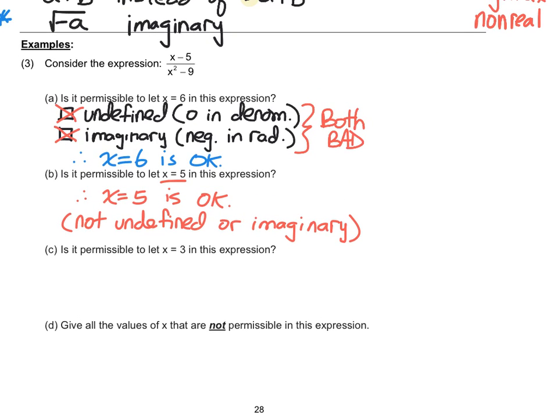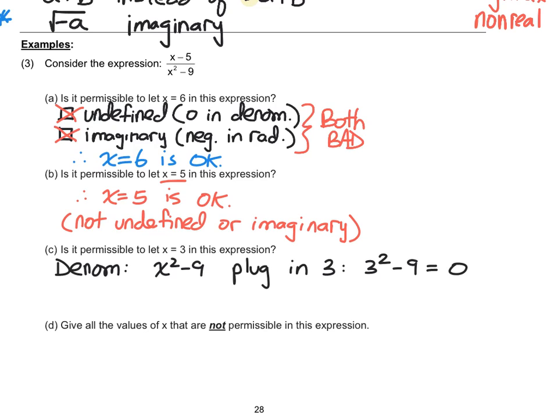In part C, I could just say here's my denominator, x squared minus 9. Plug in 3. We get 3 squared minus 9, which is 0. I don't have to do anything with the numerator because I already know the bottom's going to be equal to 0.